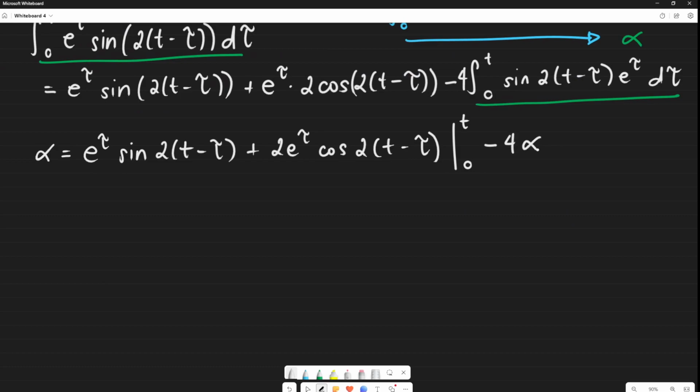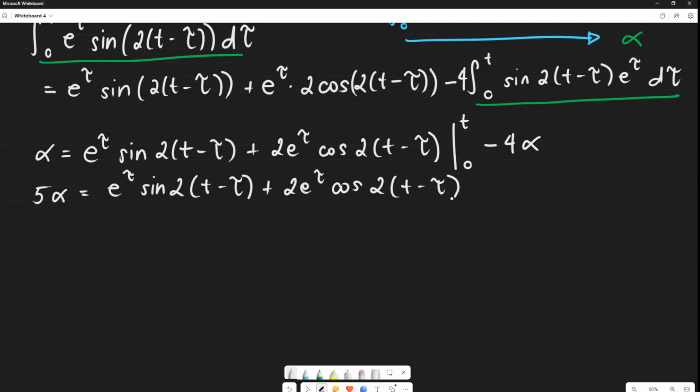Minus 4 alpha. If we transpose negative 4 alpha to the other side to join the other alpha, it will be positive 4 alpha. So 1 alpha plus 4 alpha is 5 alpha. That equals e raised to tau sine 2 of t minus tau plus 2 e raised to tau cosine 2 of t minus tau evaluated from 0 to t.